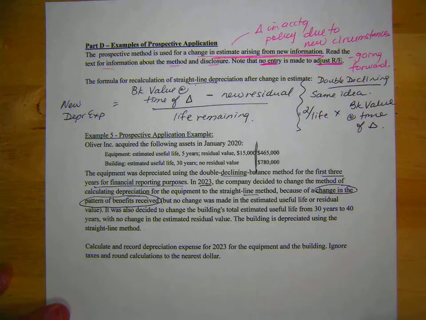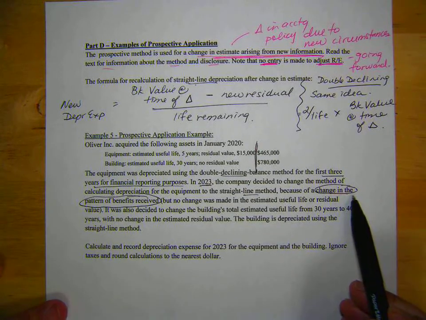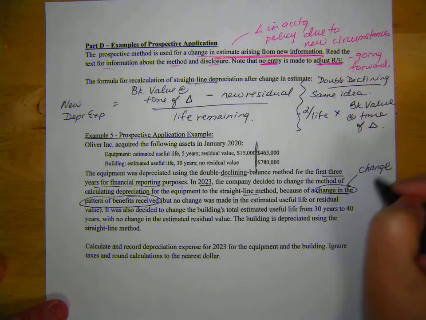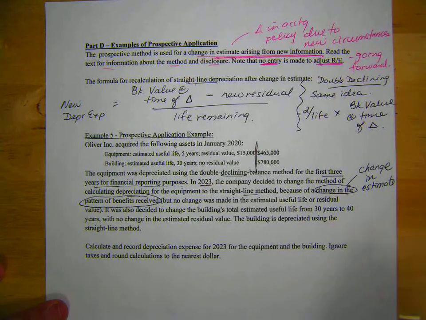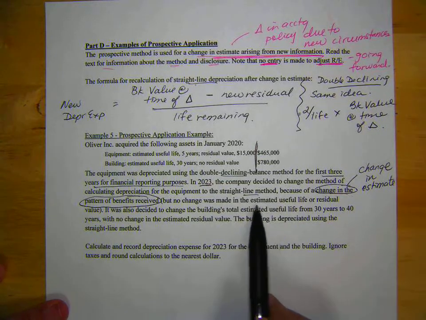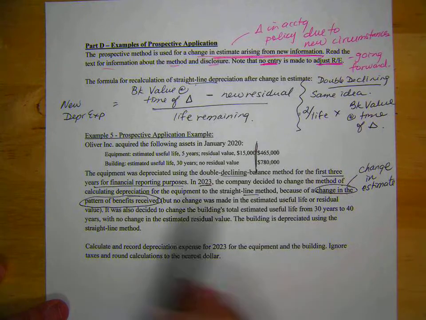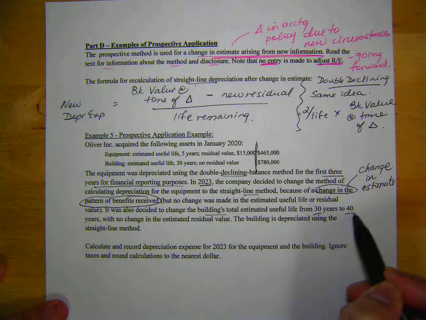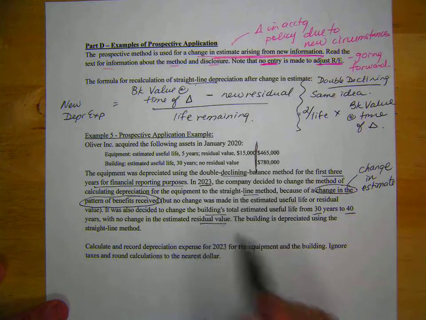Okay, so that says it's a change in estimate, not a change in accounting policy. And they didn't change the useful life or residual value of the equipment. Also, they're going to change the building's total estimated useful life from 30 to 40 years, no change in the estimated value.